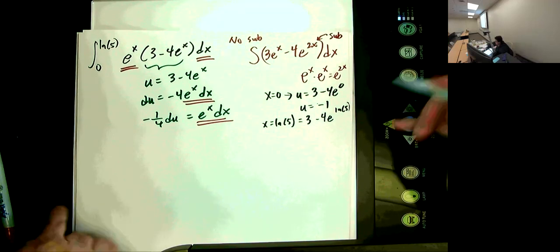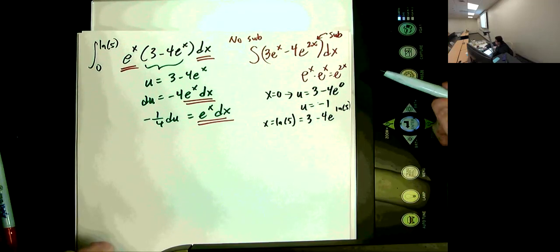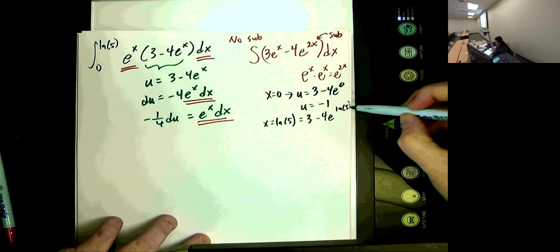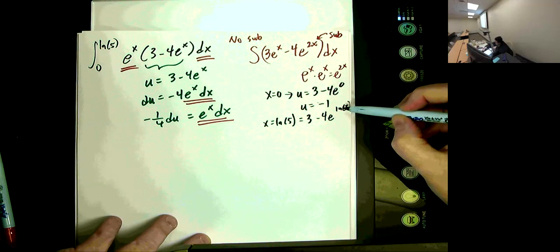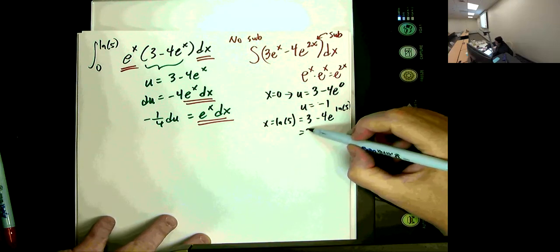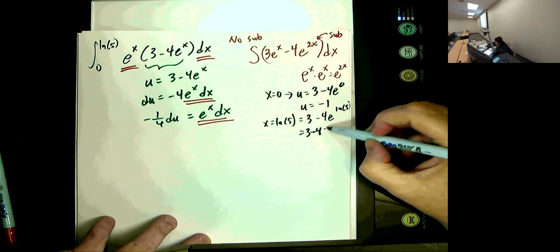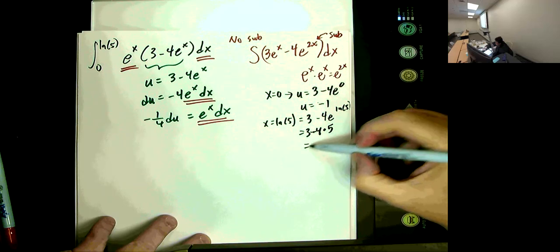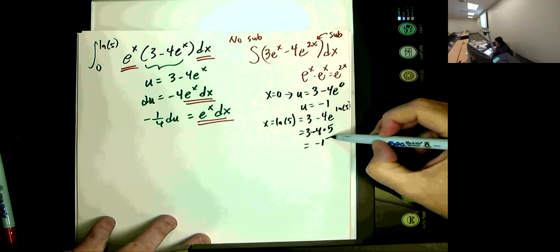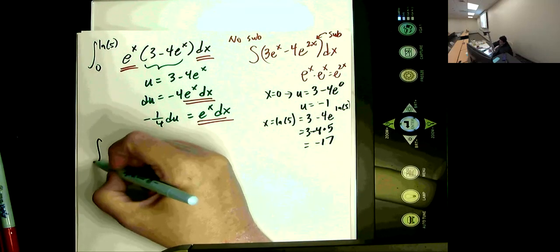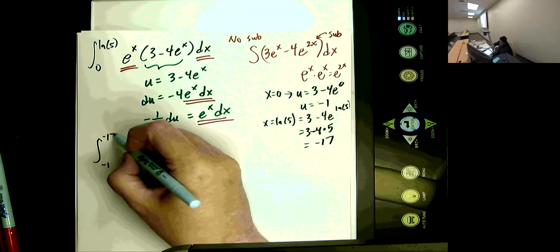What is e to the ln of 5? That actually has a shortcut too. e and natural log are inverses. That just becomes 3 minus 4 times the argument of the natural log, 3 minus 4 times 5. So this will be -17. So I could redo my limits as -1 to -17.